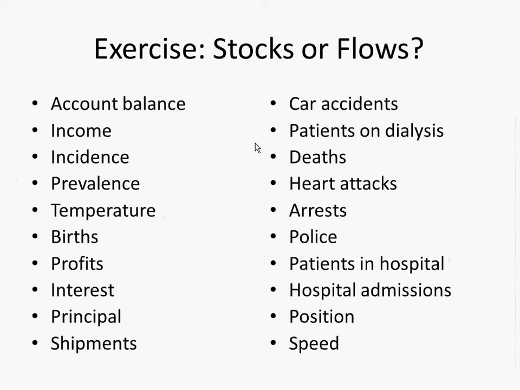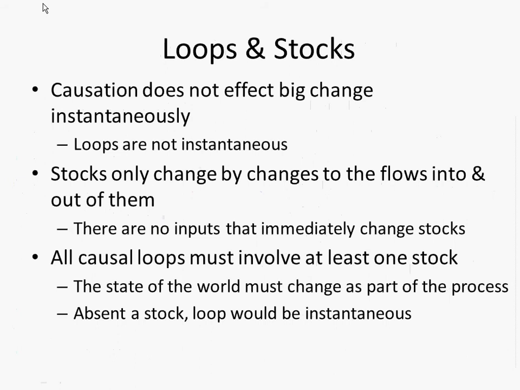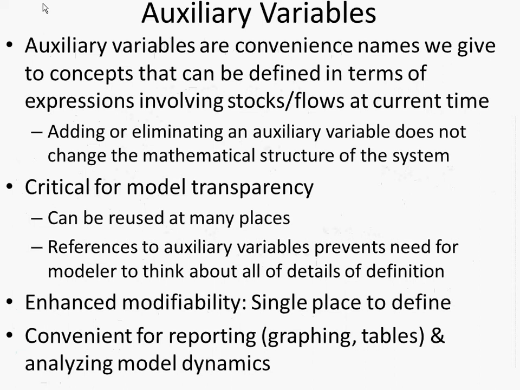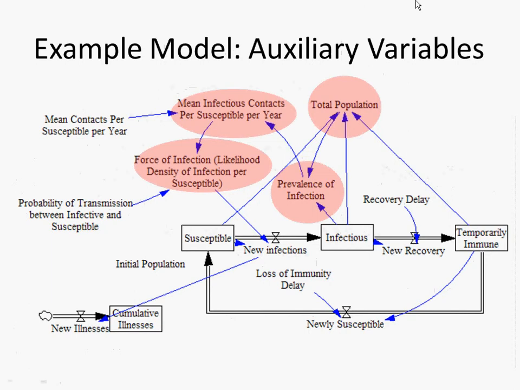So, we could go through the examples here quite readily. But I'd like to talk about some other components. So within Vensim, we further have auxiliary variables, which are convenient names we have for things. For example, total population here is a convenient name that we have for a certain quantity.